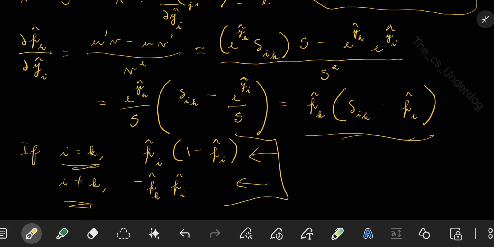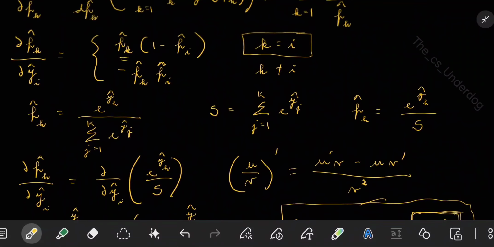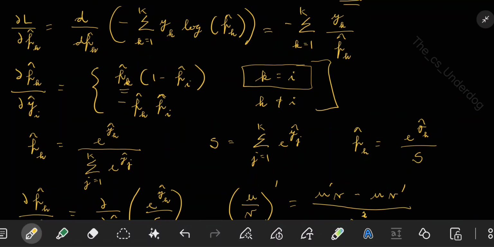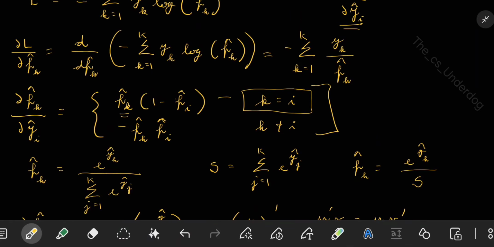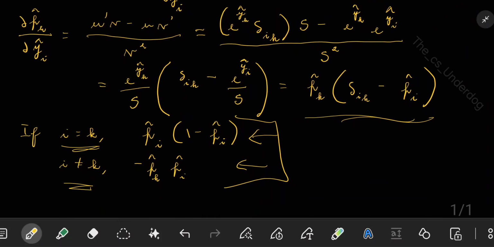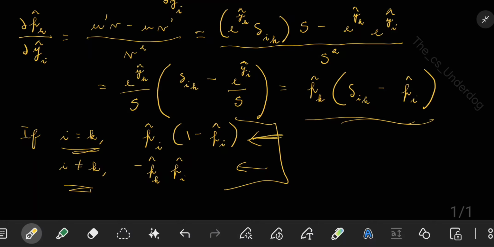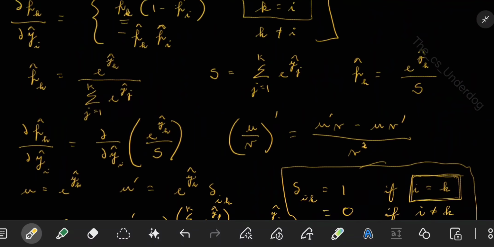Now let us go back and see whatever I told you initially. What I'm going to solve? This one. When i equals k, I told you it is pk cap into 1 minus pi cap. Here, this one. Pk cap into 1 minus pi cap, which exactly is what we got. Pk cap into, here we put pi, so i and k are interchangeable here because i equals k, pi cap into 1 minus pi cap.